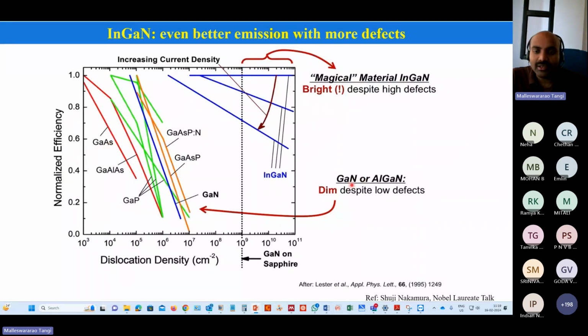This happens for gallium nitride and aluminum gallium nitride, but if you take the indium gallium nitride case, it exhibits even more than 10 power 9 dislocation density and still exhibits better efficiency than other materials. This is also one of the advantages of the nitride system. So as compared to gallium nitride and aluminum gallium nitride, indium gallium nitride shows better efficiency if we prepare LEDs out of this material.